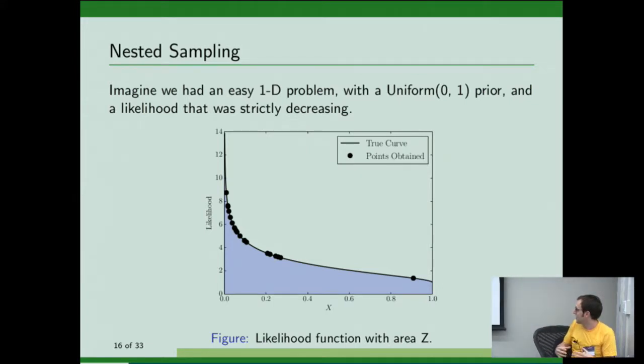So our 4-dimensional transit fitting problem implies a curve like this, and if we can calculate points along the curve that's implied by that problem, then we can numerically do the integral, and that's what nested sampling is all about.